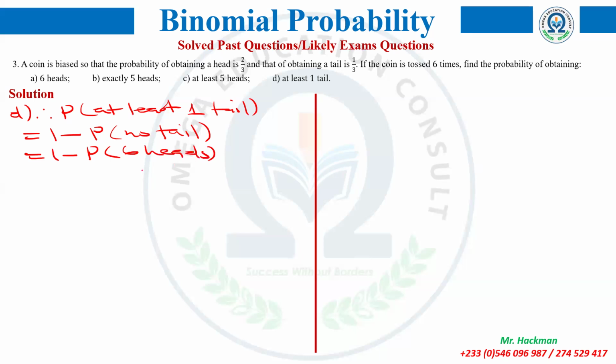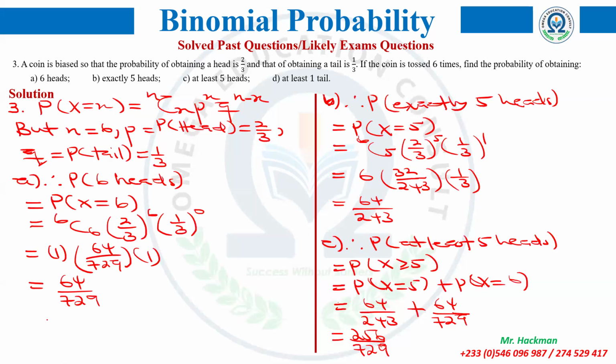So this will give us 1 minus P of X is equal to 6. Have we done X is equal to 6? Yes. So that will give us 64 on 729.